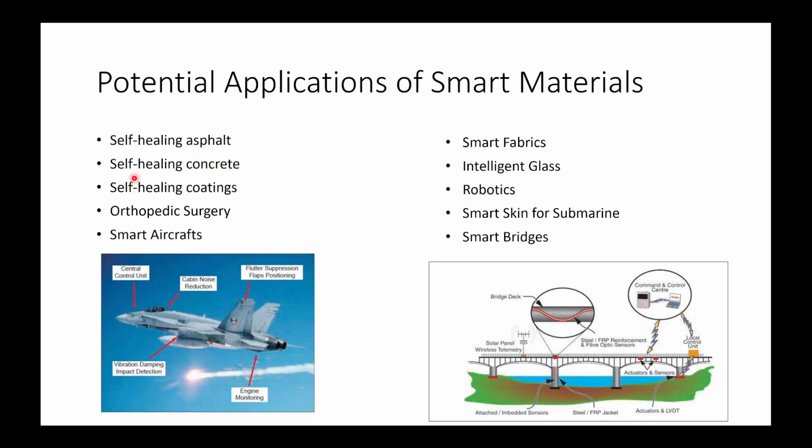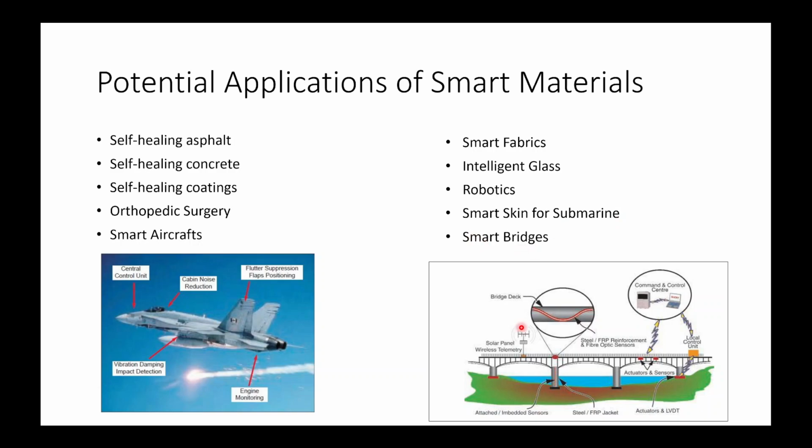Self-healing coatings, so various coatings also are made using these. Orthopedic surgery, smart aircrafts, smart fabrics, intelligent glass. So glasses we also saw, and in case of robotics also we use shape memory alloys. Smart skin for submarine, and smart bridges.